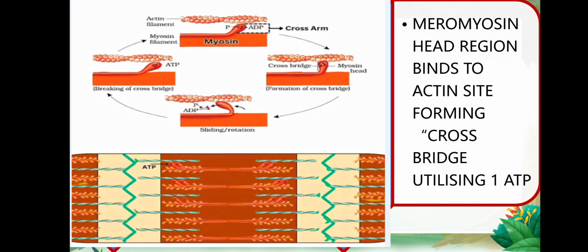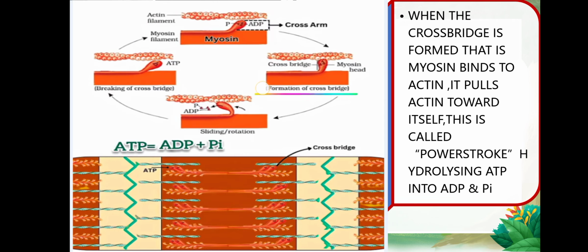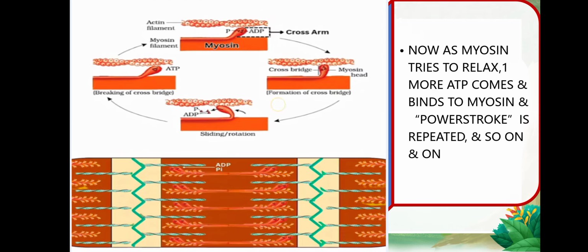Again, the myosin head region binds to the actin site, forming a cross bridge utilizing one ATP, and slides one step inward, and the ATP is hydrolyzed into ADP and Pi. So this itself is known as the power stroke, and it utilizes one ATP.